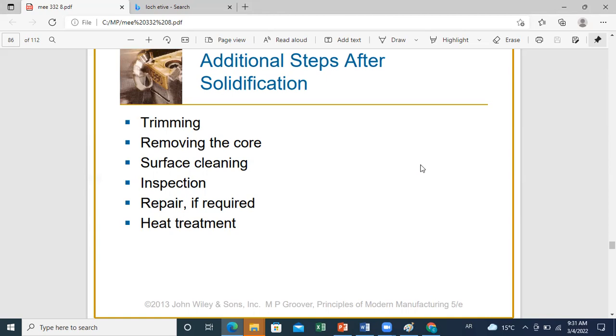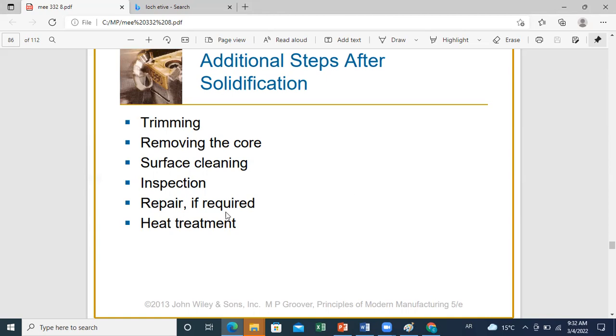So the first step will be the trimming. Also, in case you have a core, you should remove it. You should do some surface cleaning, because if you are using, for example, sand casting, you might have some sand particles adhering to the cast.